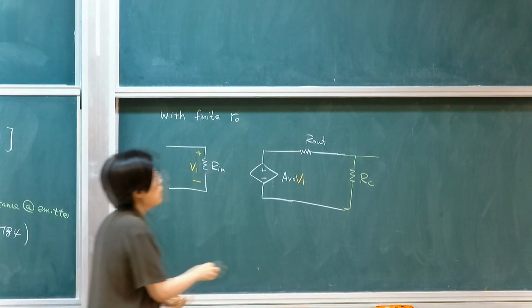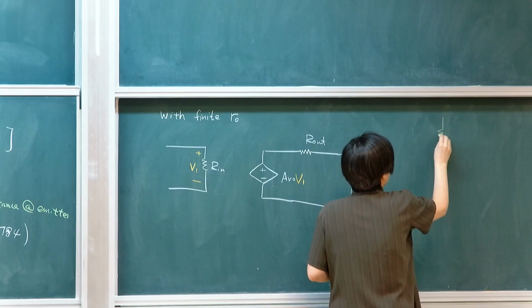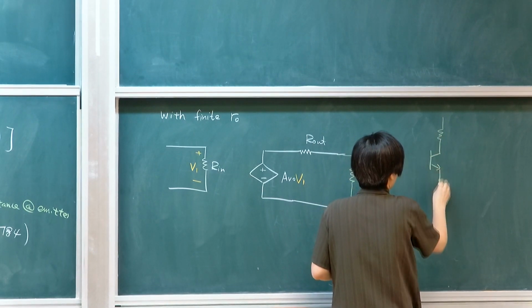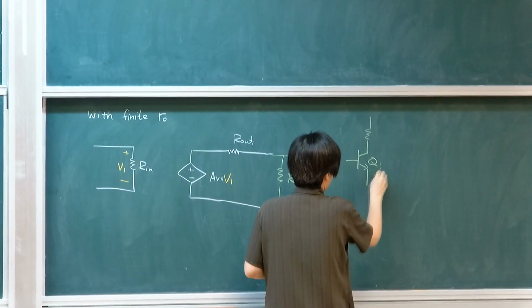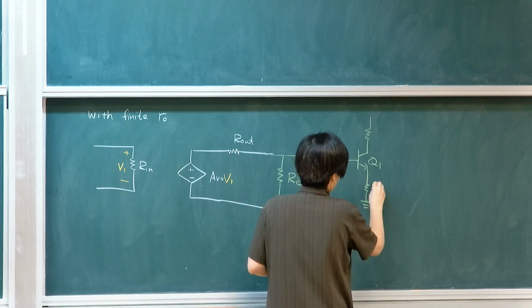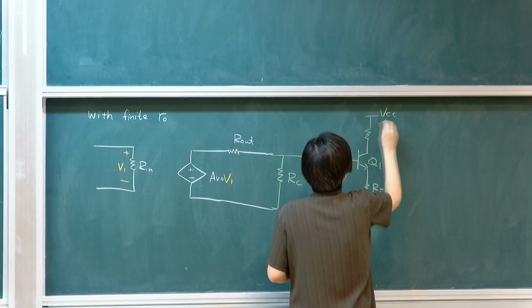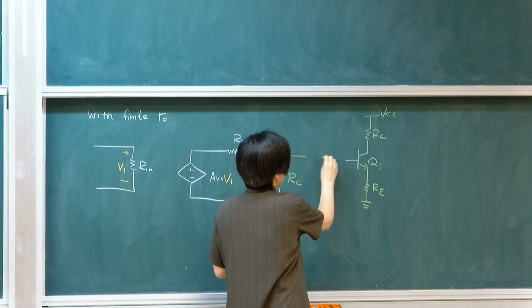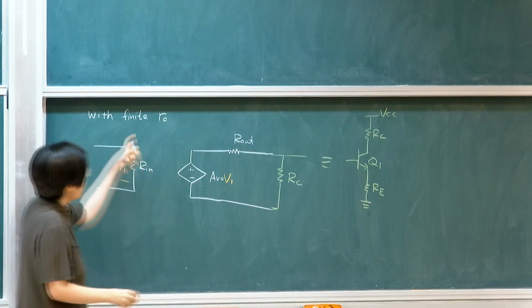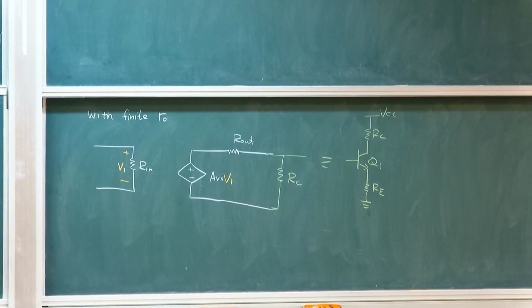Then this would represent the circuit. This will then be equivalent to that with finite RO.